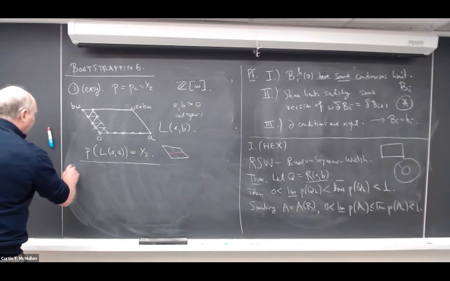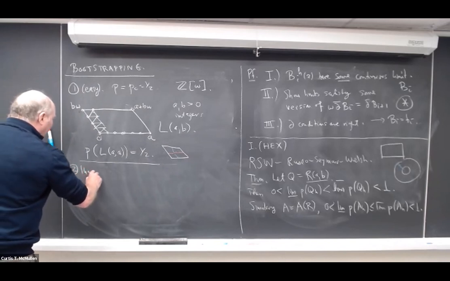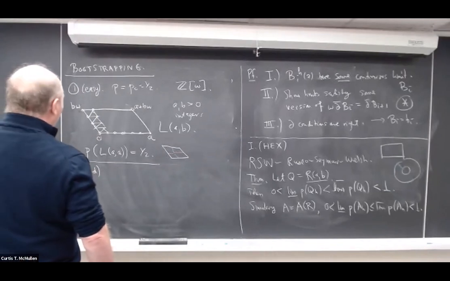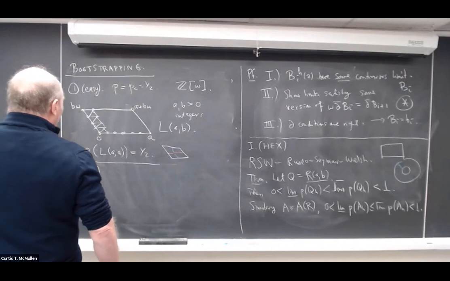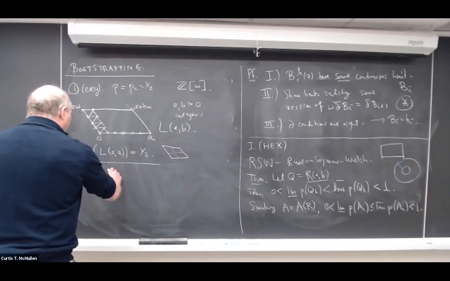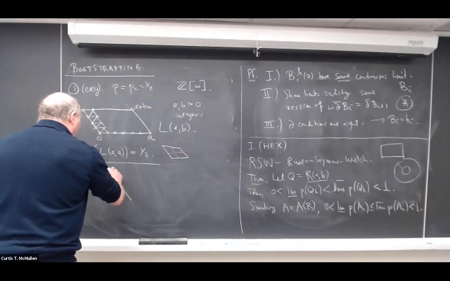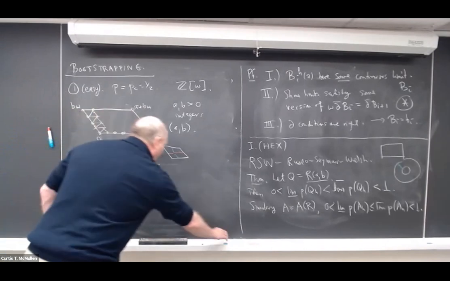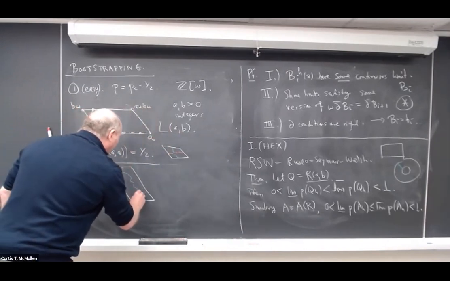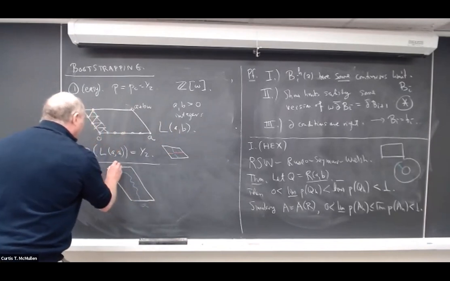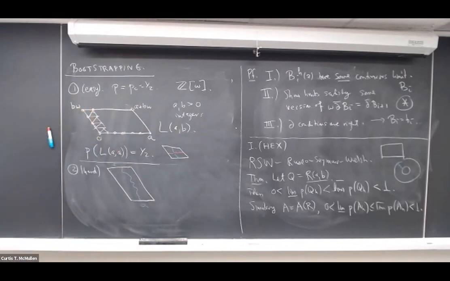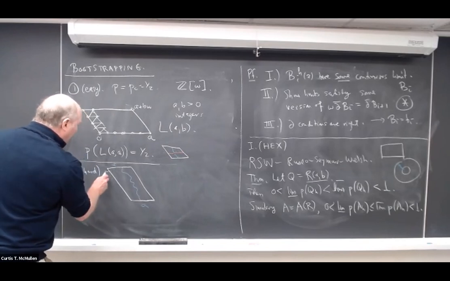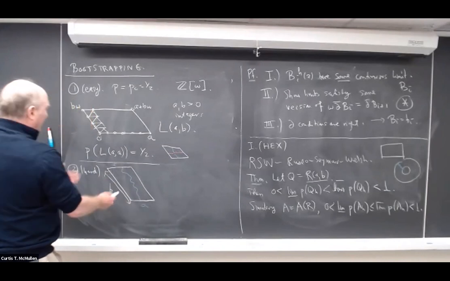And now comes the hard step. The hardest step in the proof was to show, let me see. Unfortunately, it's a little bit hard to draw the way I've chosen to draw things, but we make the B sides bigger. And remember, we're looking at the probability that there's a crossing between the A sides. So let's consider the case where the B side is now longer than the A side.